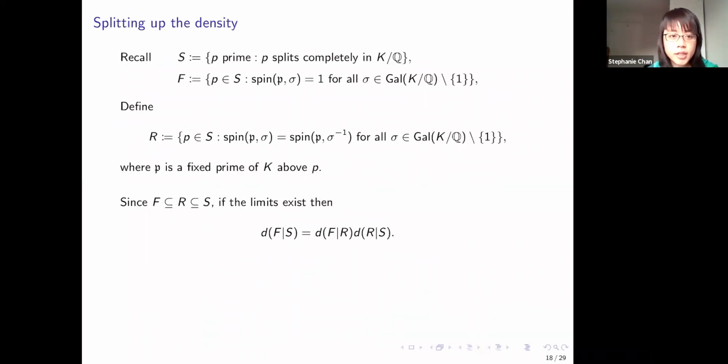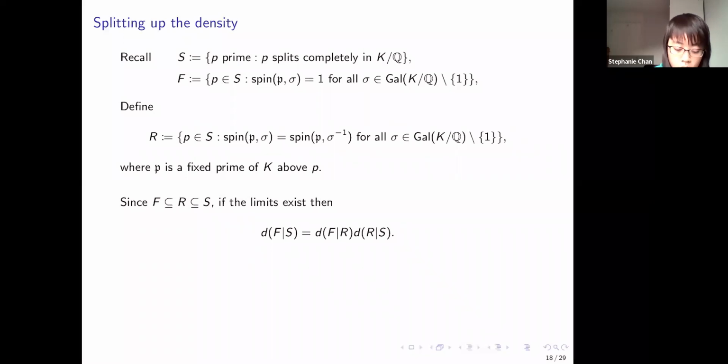The way we prove the density of f in S is that we split this density into a product of 2 densities, the first one being the density of f in this intermediate set R. R now is the set of primes for which spin p sigma and spin p sigma inverse agree.